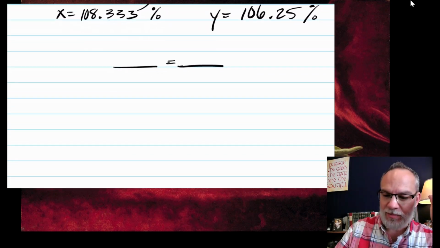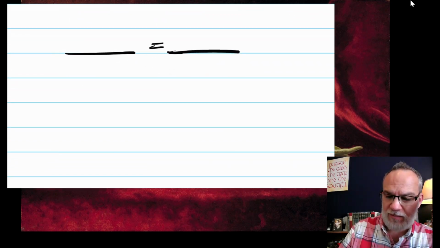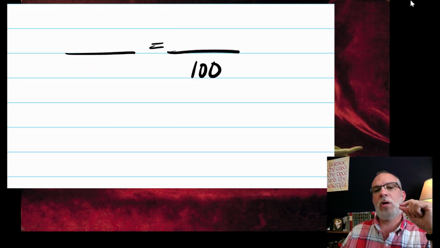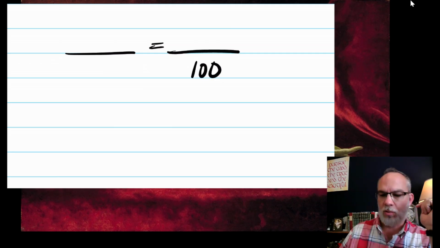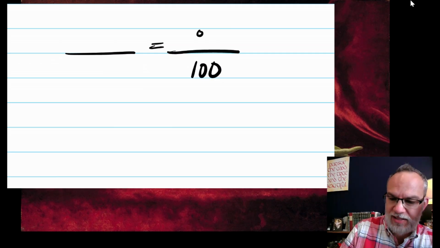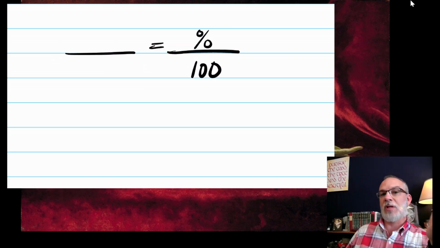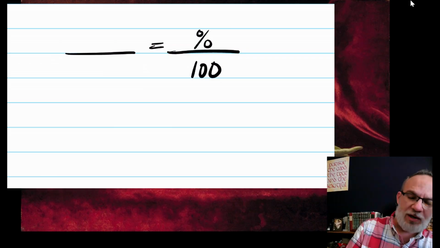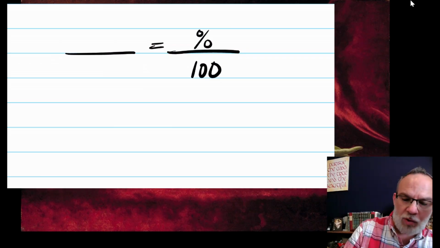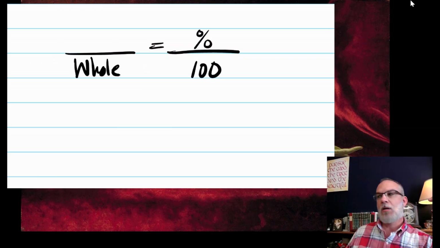On the bottom of the right side or the left side, but I like to put it on the right side, is always going to be 100. That's the number that goes there. That's the whole. And then whatever the percent is, if you know it or you don't, that goes on top because that literally means the thing divided by 100. And then over here on the left-hand side, your whole is going to go down there.